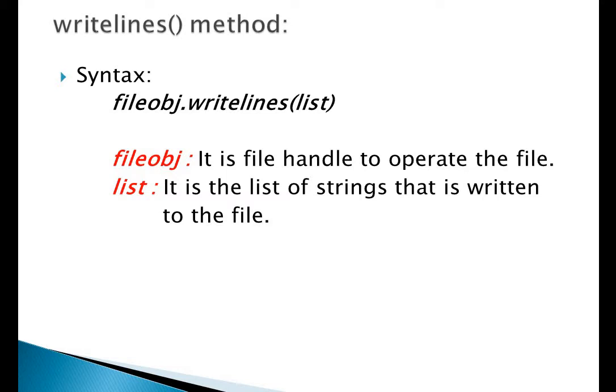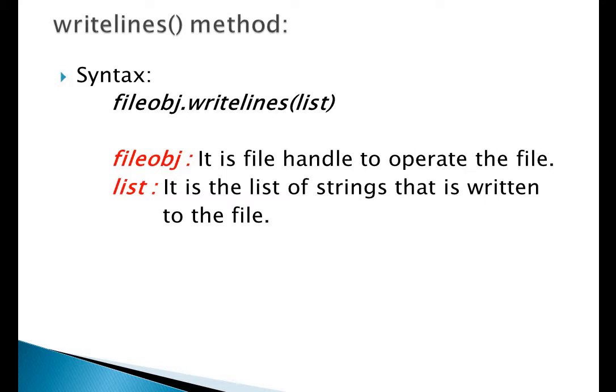Now this writelines method, the syntax is shown here. Writelines method is called using file object, and it accepts one argument of type list. This is why writelines is called as method, because it is called using object.